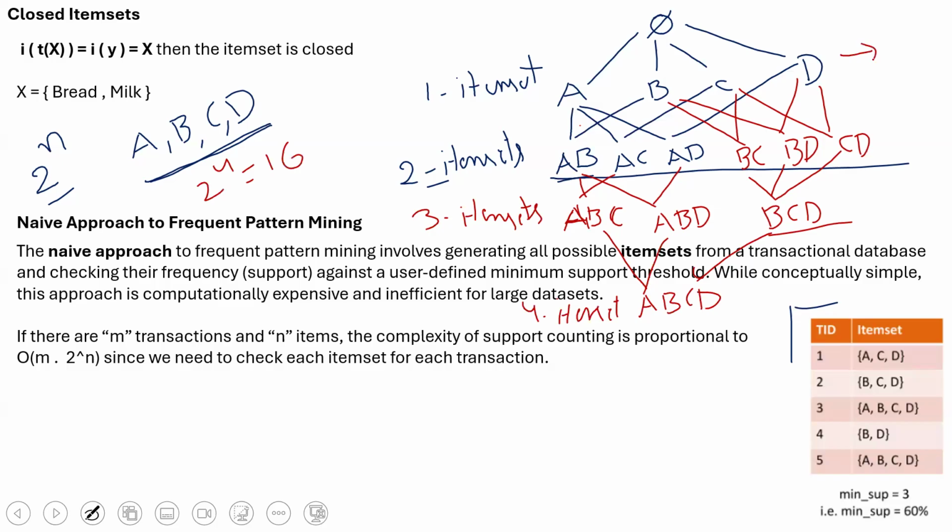You have 4 here, which is 4 one item sets. You have 6 two item sets, 3 one item sets, 1 four item set, and you have the null set as 1. If you calculate this, 6 plus 4 is 10, 14, 15, 16. So that is what 16 is. Now this is how you create the combinations that are possible with the items that are given, using this lattice structure.